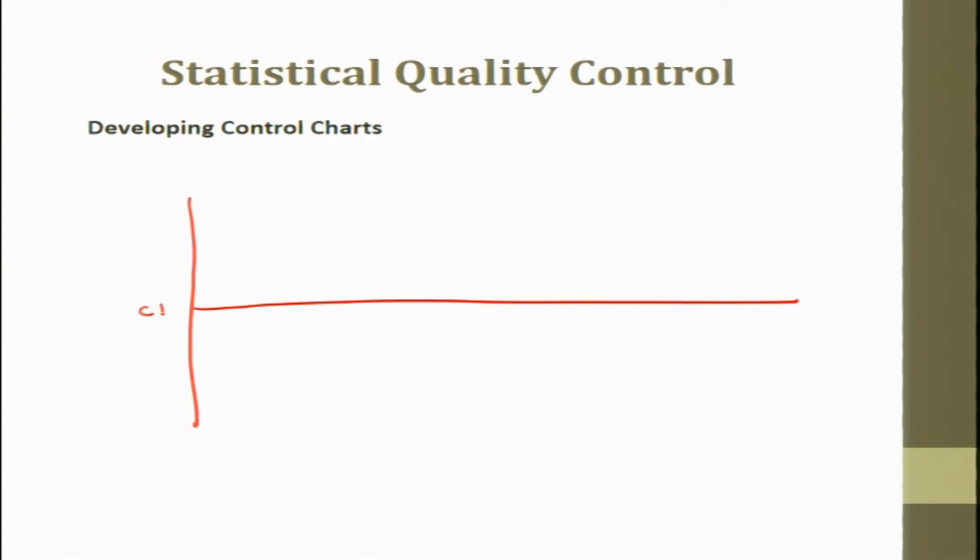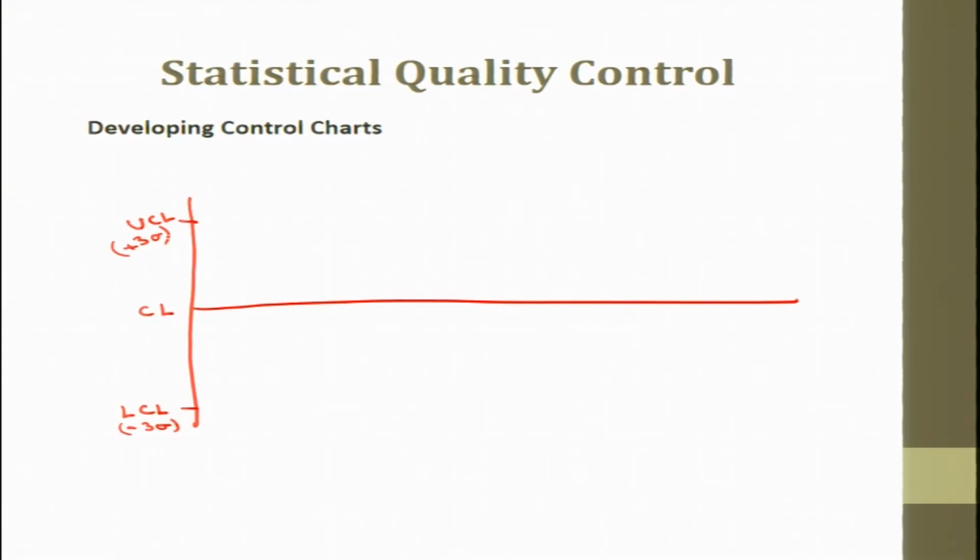So I would like to just give you an illustration of how the control chart is plotted. This is the center line, and we have the upper control limit and the lower control limit. In general, I am not saying for sure, this can be plus 3 sigma and this can be minus 3 sigma.